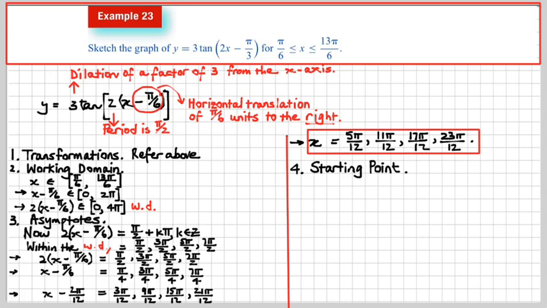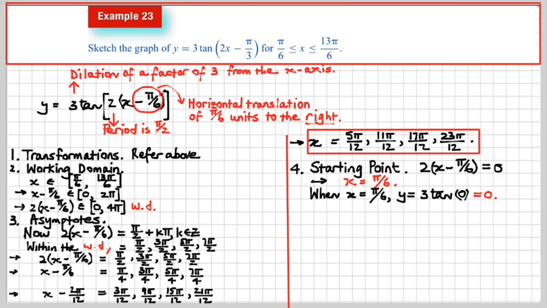Starting point. Now that'll be horizontally messed with, won't it? So therefore we know that the normal starting point is when x is 0. So we have 2 times x minus pi on 6 equals 0. Therefore x will be pi on 6. Now when x is pi on 6, there's no vertical translation, so y is 0.